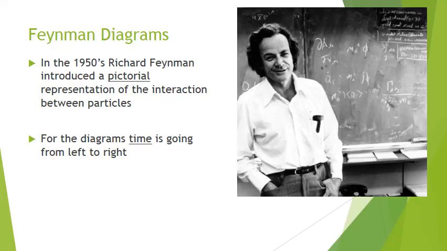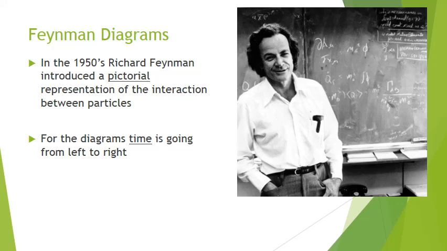Now, Richard Feynman did a lot of things, but one of the neat things that he was able to do was communicate these very, very difficult ideas in ways that normal people like us could understand, right? Just people that aren't experts in particle physics.